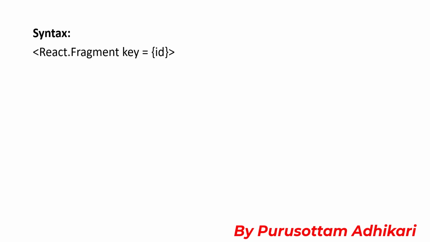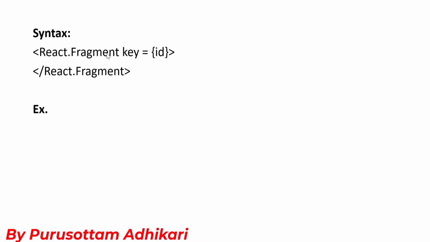React.Fragment key equal to id. If you want to return content dynamically, then you will use this type of syntax. Here, React.Fragment key equal to id, then the closing React.Fragment. Let's see an example: React.Fragment key equal to item.id, then item.title, and paragraph item.description.